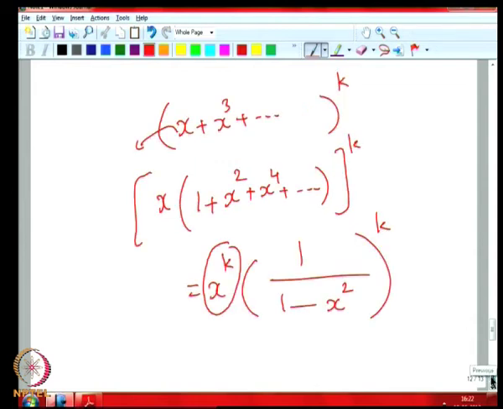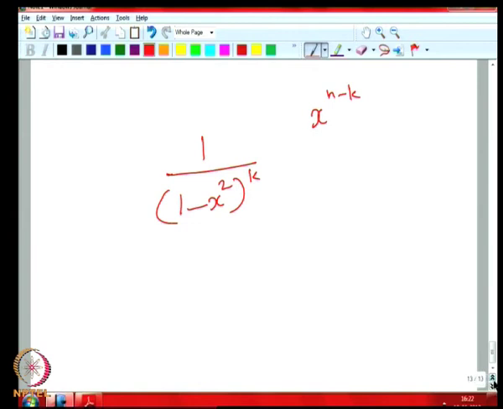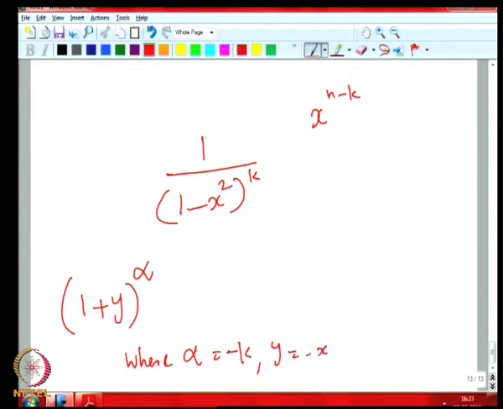And this is familiar. We have this form 1 plus y to the power alpha, where alpha is equal to minus k here, and our y is equal to minus x square, right.